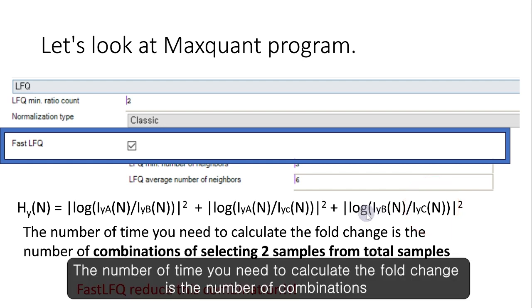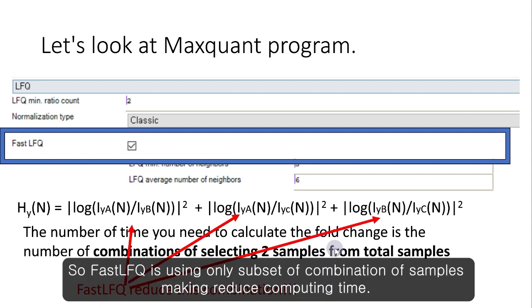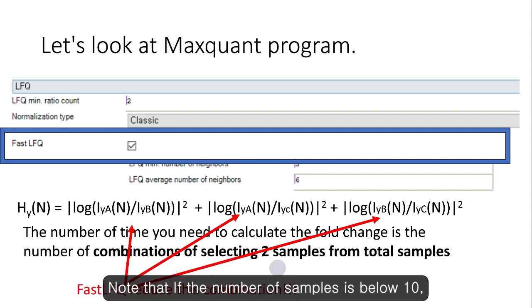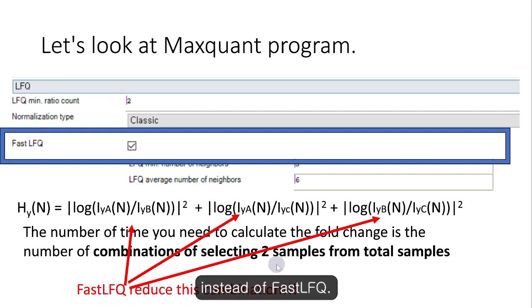The number of times you need to calculate the fold change is the number of combinations of selecting two samples from the total samples. So, fast LFQ uses only a subset of combinations of samples, reducing computing time. Note that if the number of samples is below 10, the original normalization algorithm will be used instead of fast LFQ.